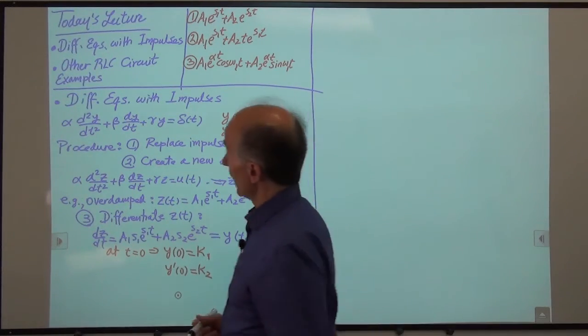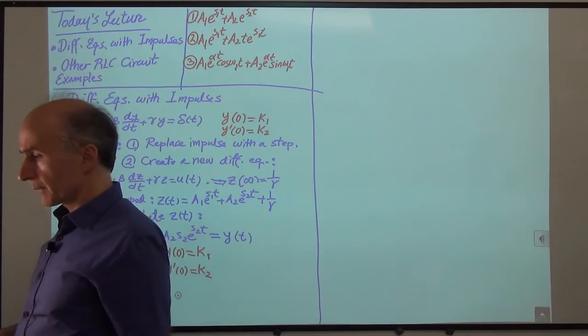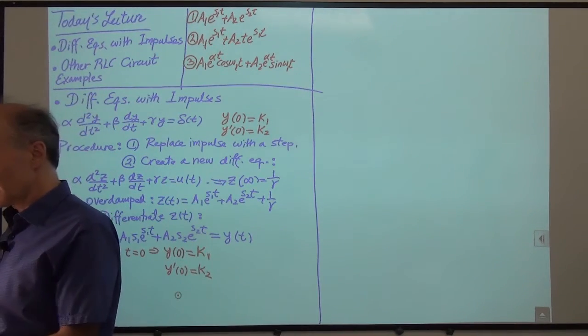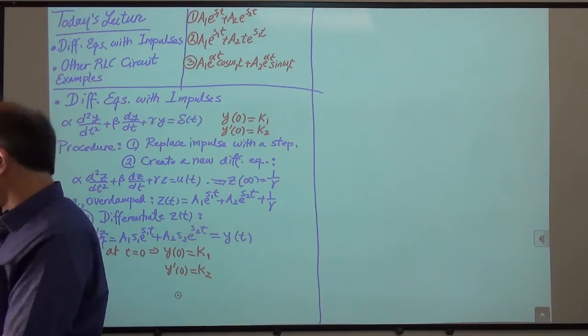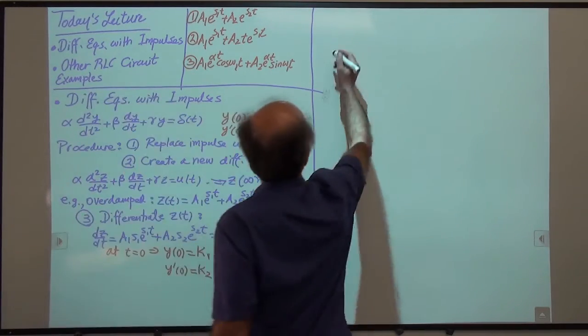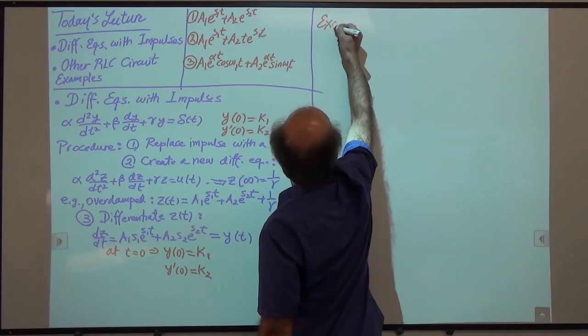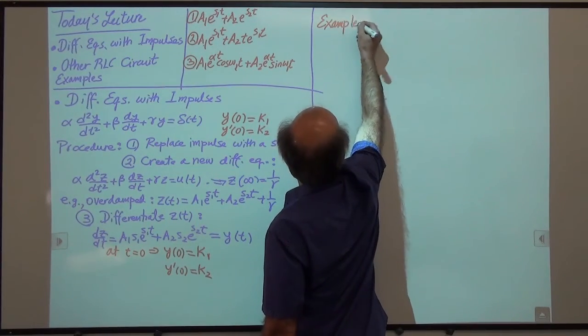Okay, now with that we can go back to one of the problems that we studied last time, which was sort of interesting, and let's look at that. So here's an example of what we covered last time.